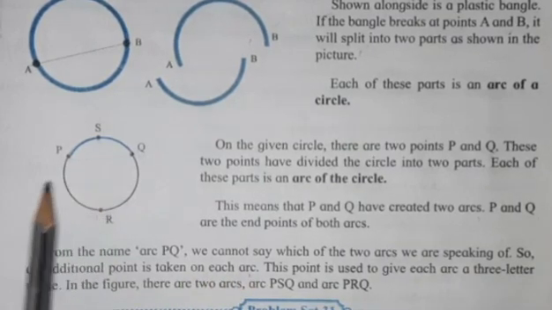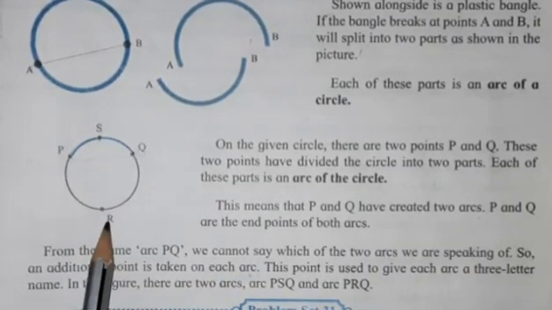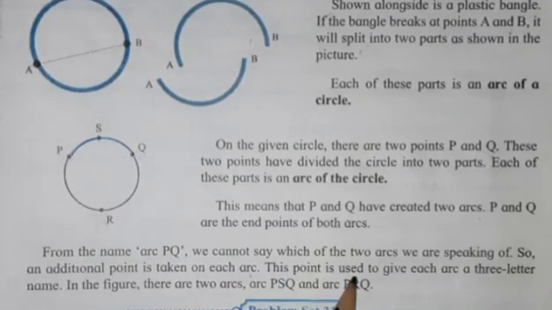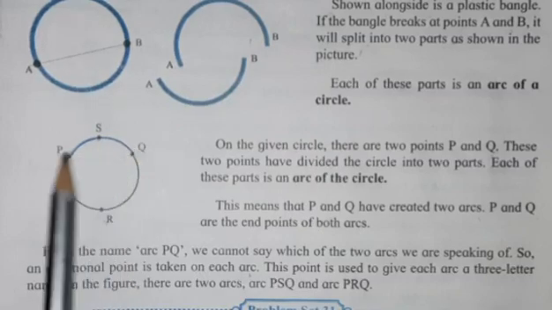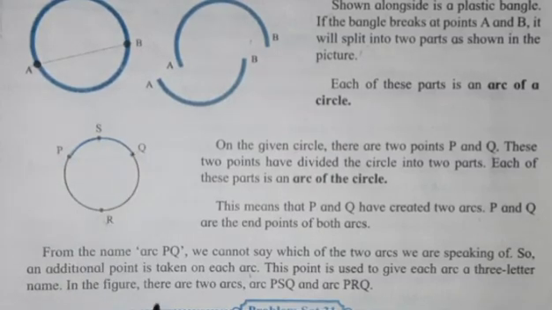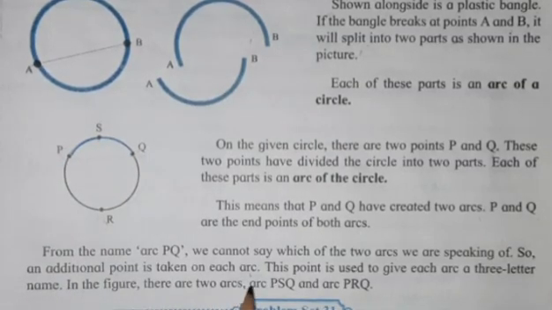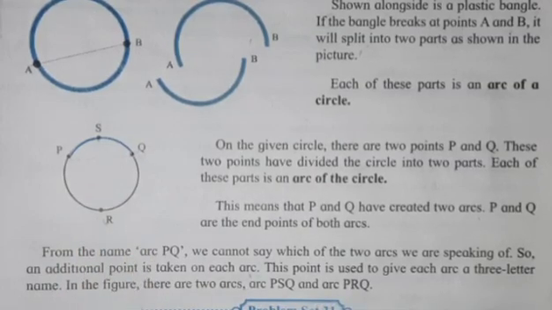See, additional points are S and R. This point is used to give each arc a 3-letter name. Here is PRQ, 3 letters, and for this arc PSQ is also 3 letters. These are two arcs, arc PSQ and arc PRQ.